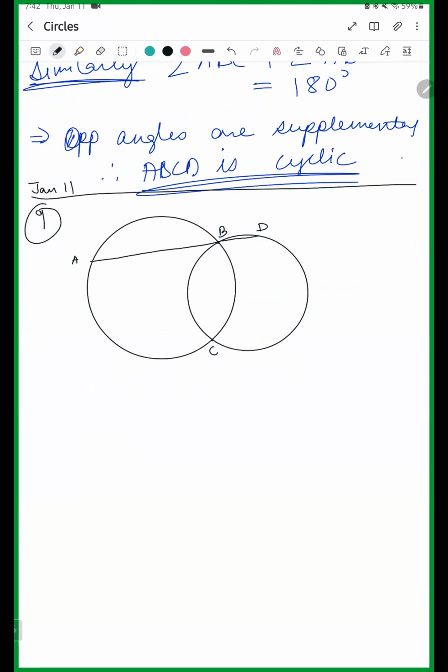Okay, so this point here is... Hmm, it's somehow not crossing. Okay, oops, sorry. Kind of like this, this has to be B in that case.